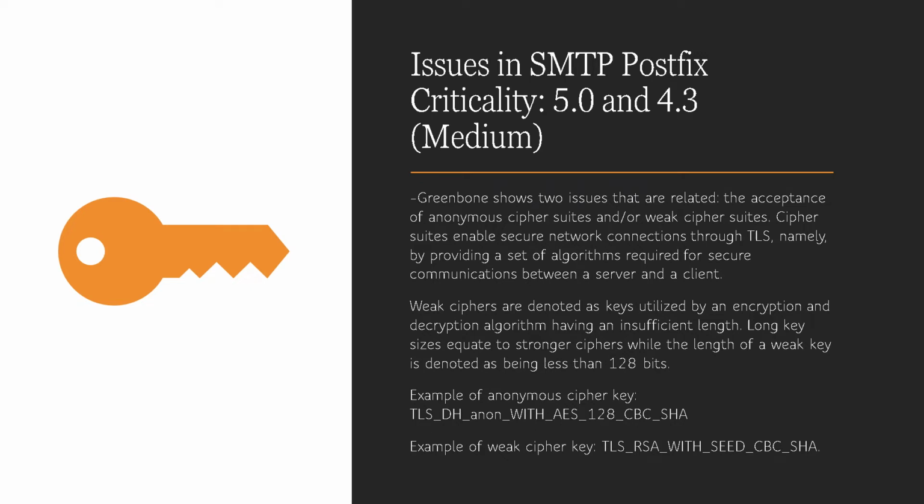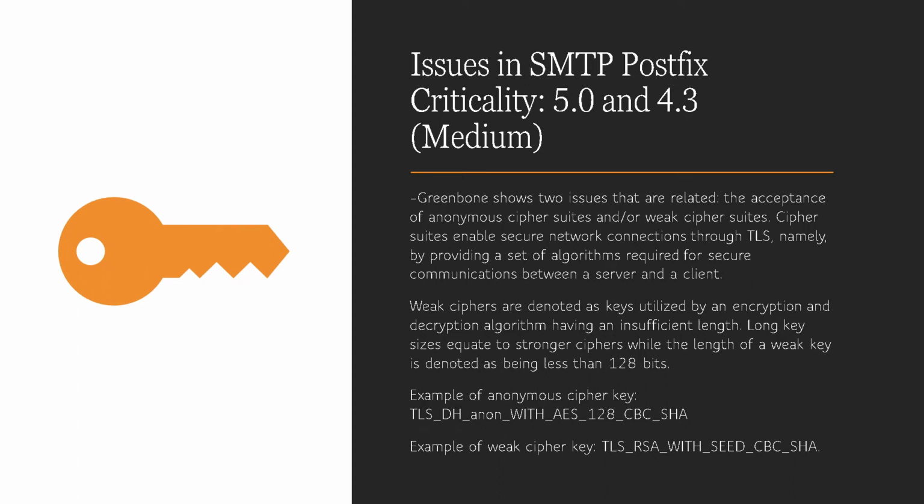What's interesting about Postfix is that, going by the Greenbone scans, there are two major issues connected to it. Those two issues are of considerably higher priority than the issue found with TCP timestamps, as they have criticality scores of 5.0 and 4.3, both well in the medium category. With Postfix, this is where we first get into our discussion about Transport Layer Security cipher suites.